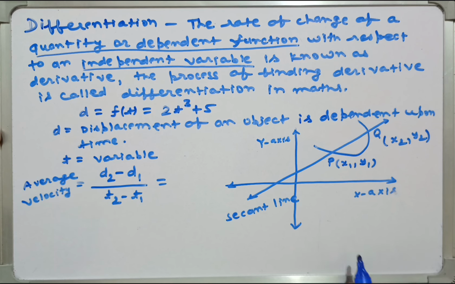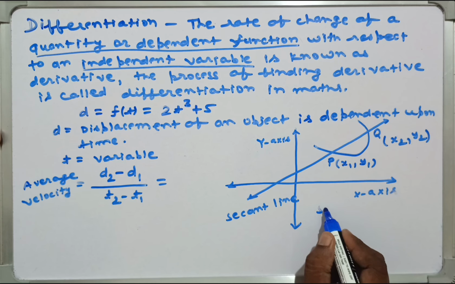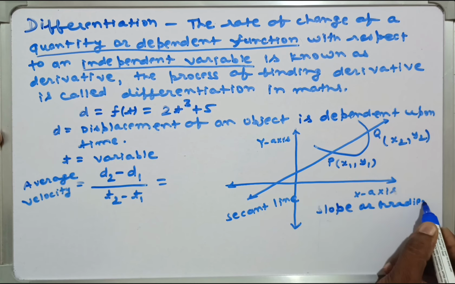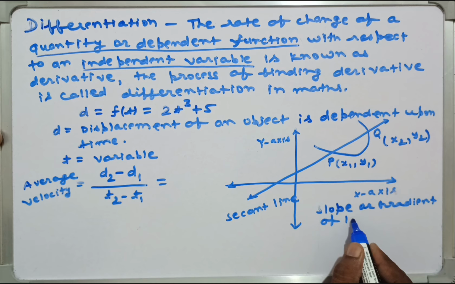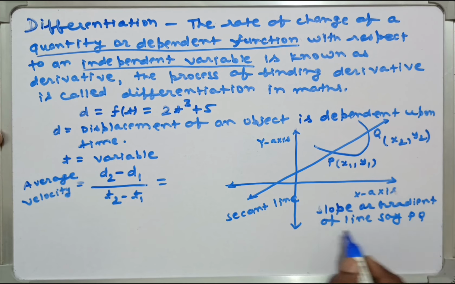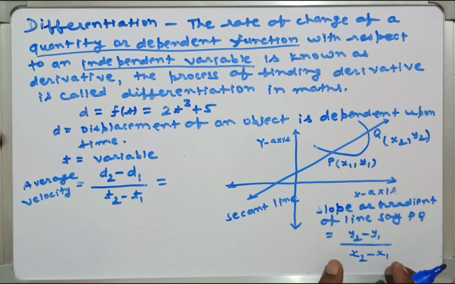In this case, the slope or gradient of line PQ is equal to the difference of the y coordinates of the two points divided by the difference of the x coordinates, which gives the slope of the line.